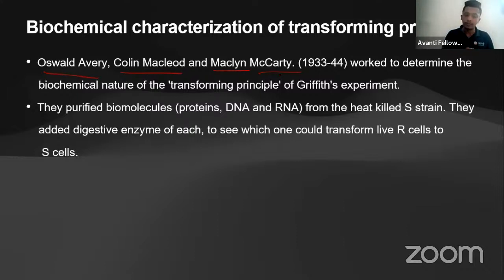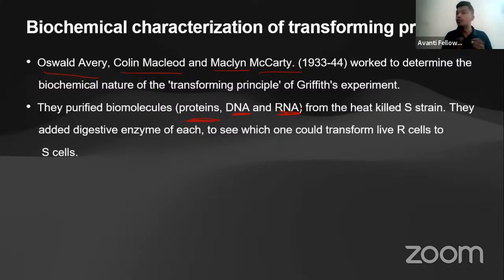They understood that there are enzymes that can digest our biomolecules. The possible candidates they thought could be the genetic material were three. What are those? Either protein was transferred between the two, or it was DNA, or it was RNA.